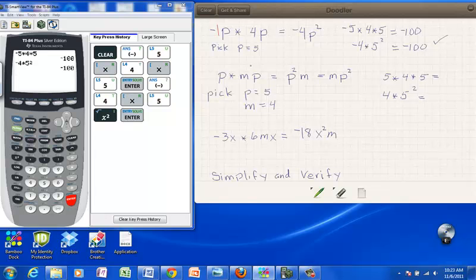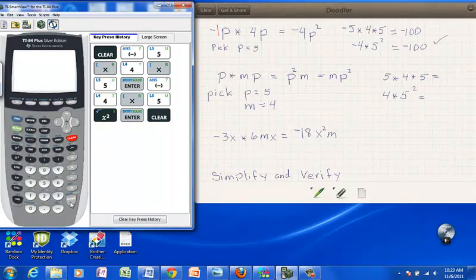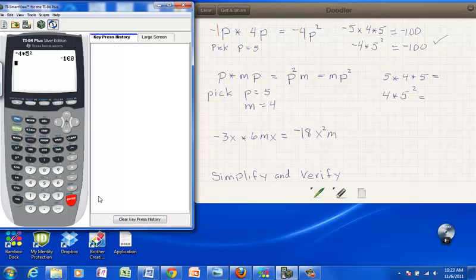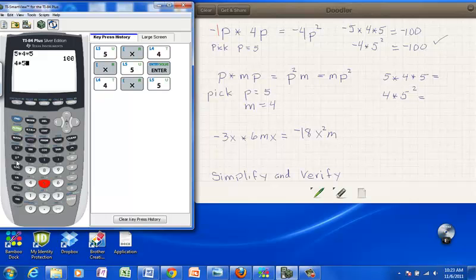And now I'll go to my calculator. When you're checking your answers, you want things to be fairly easy. So using a calculator to do your work, clear, there we go, should make it easy to check your answers. So 5 times 4 times 5 is 100, and the other is also 100.